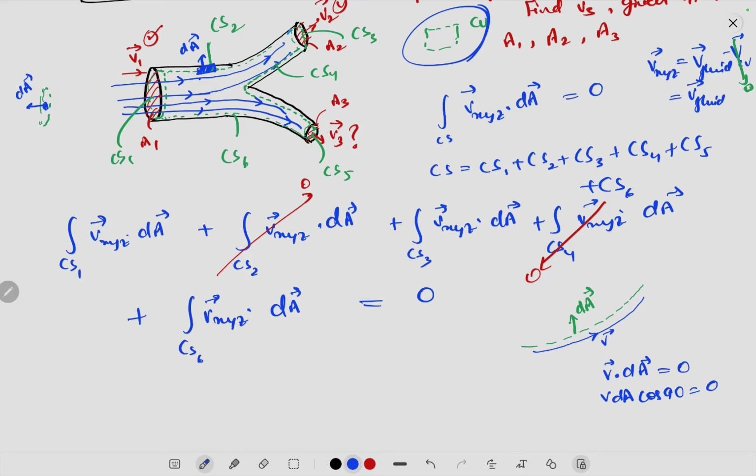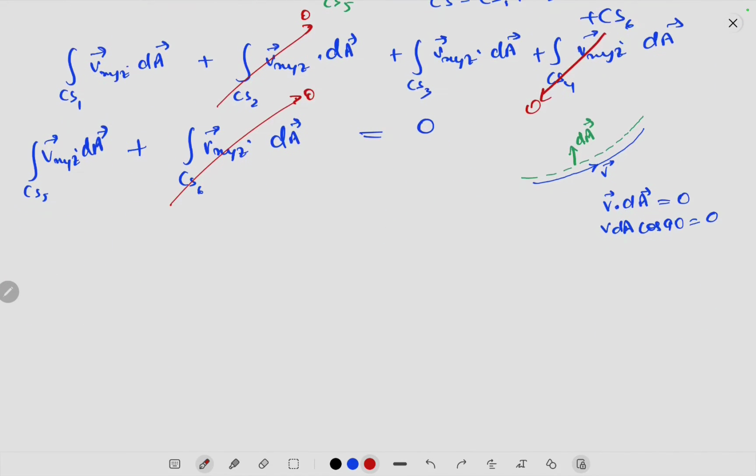I forgot to write CS5. So integral over CS5 Vxyz dot dA vector. Now similarly for CS6 also this would be 0. So now we are left with this term and this term. We are now left with 3 terms.